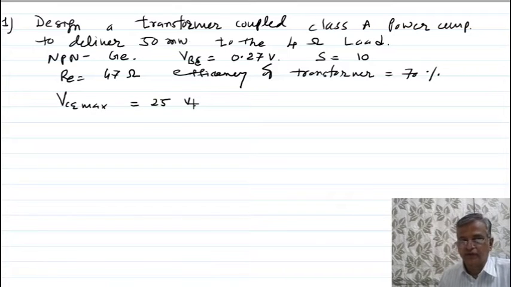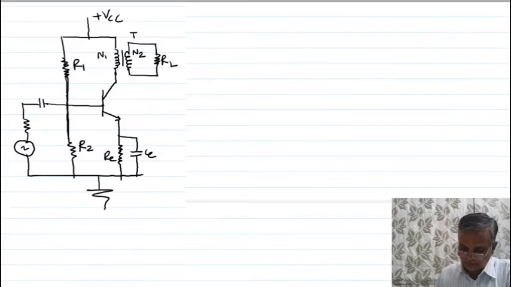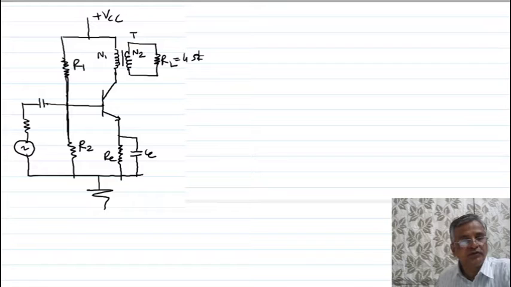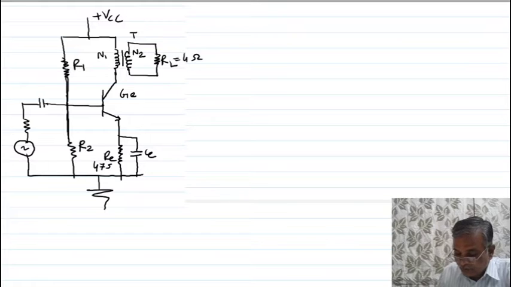Whatever transistor you are using, for that transistor VCE max is 25 volt. Look here, this is the given 4 ohm load. This is your germanium transistor, and RE given is 47 ohm.